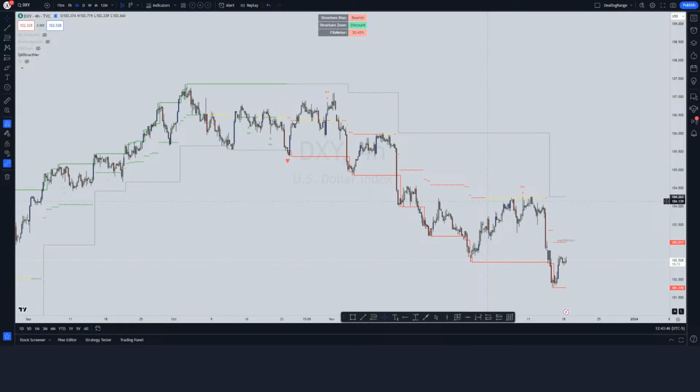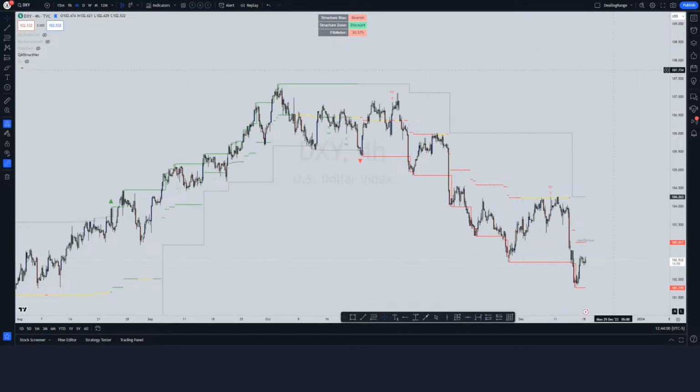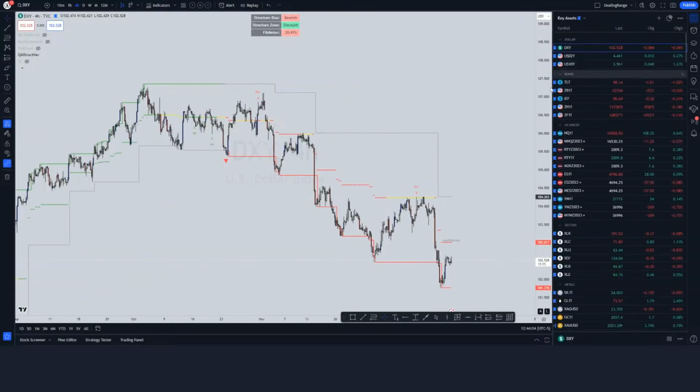Here we started transitioning into a consolidating market, and you can see we've started consolidating a little bit until we resume the downtrend. This is the 4-hour Dixie chart.